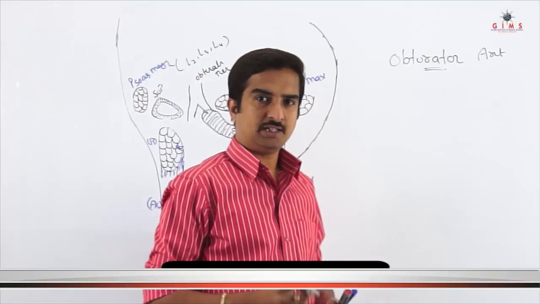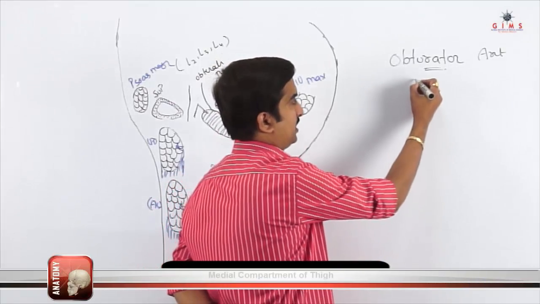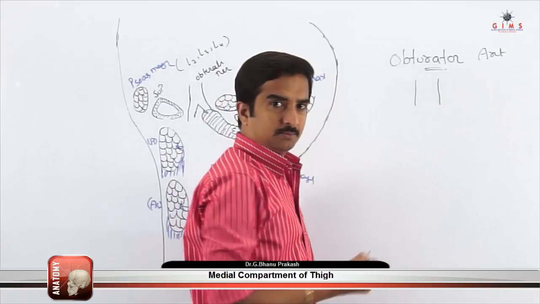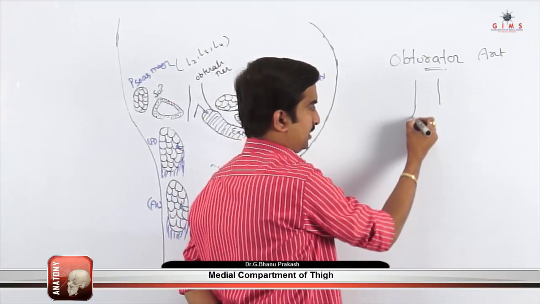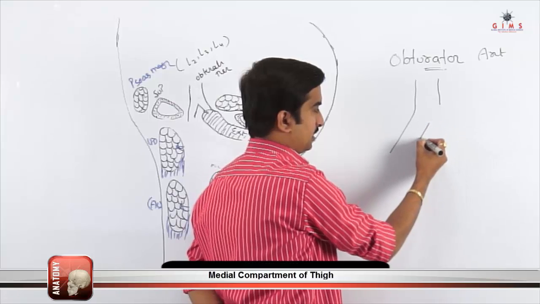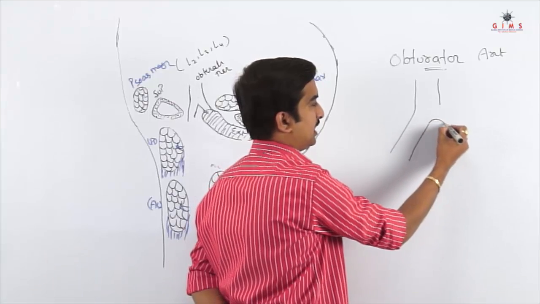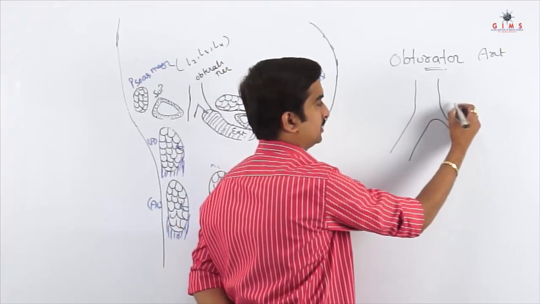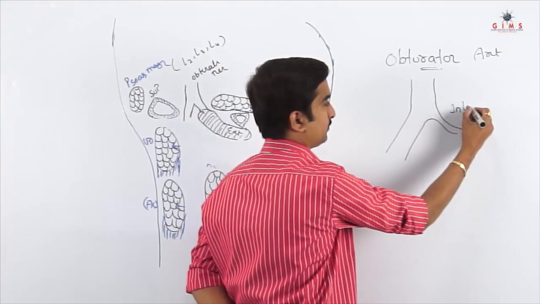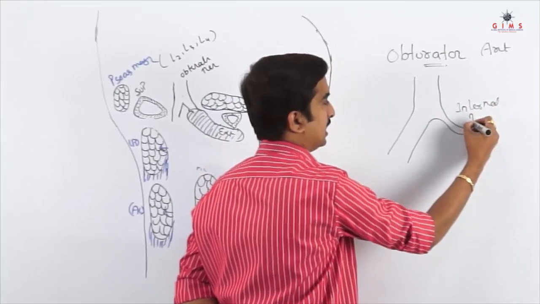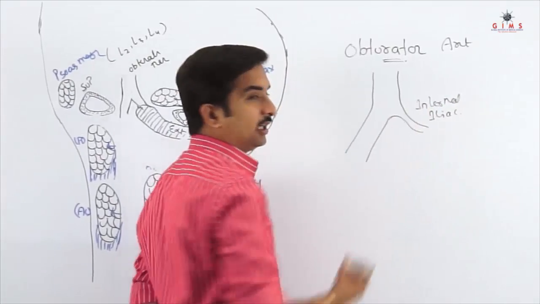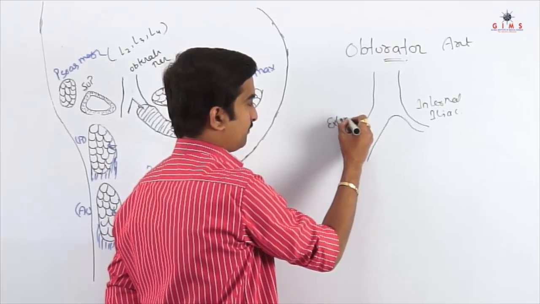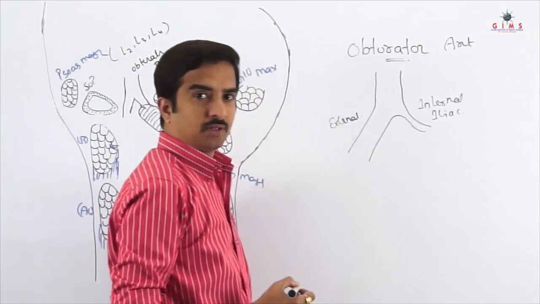As you know, in the pelvis there is a common iliac artery. Let us consider this is the common iliac artery. The common iliac artery gives rise to the external iliac as well as the internal iliac artery. Let us consider this is the internal iliac artery, and this is the external iliac artery.